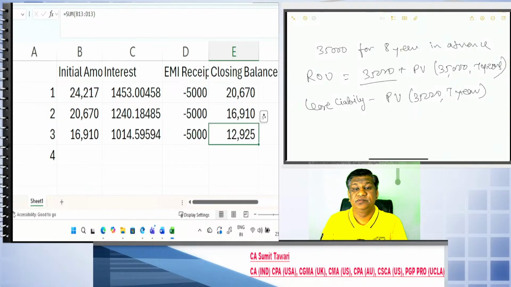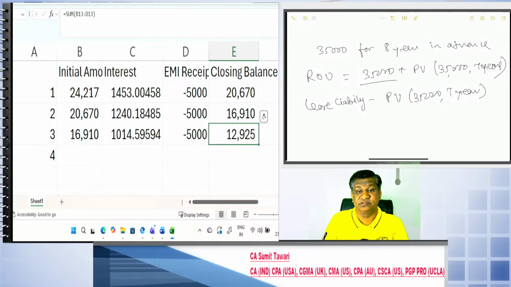Okay, so I'll start with the lease liability 206, multiplied by 1.045, 4.5%.